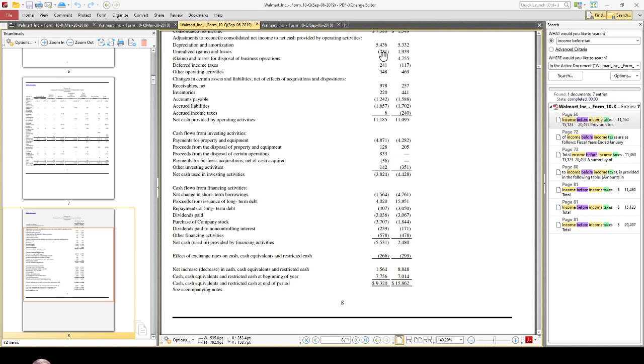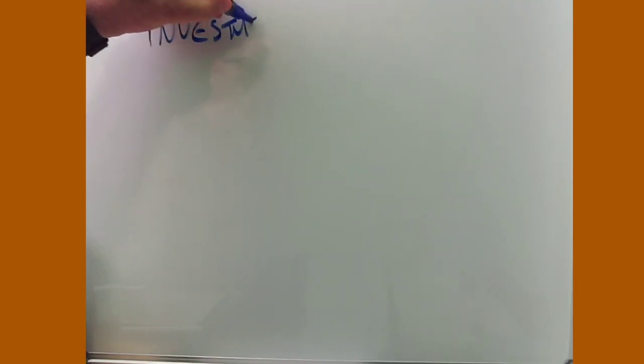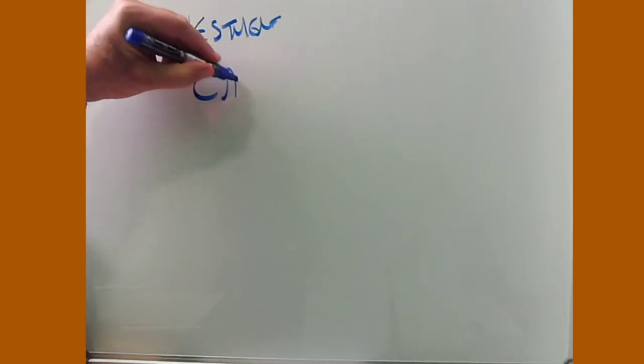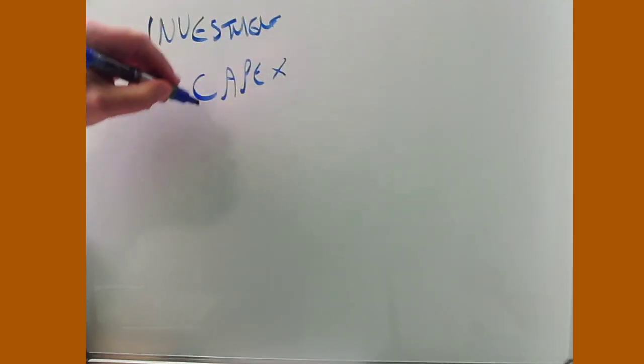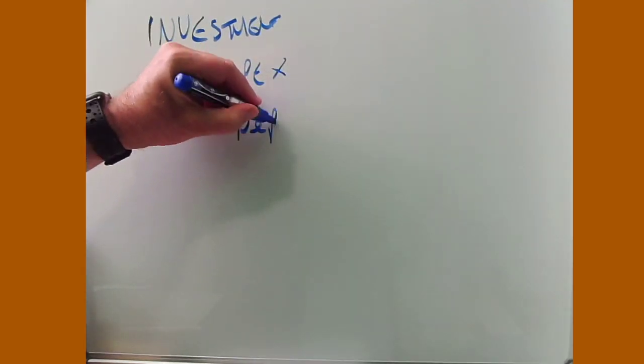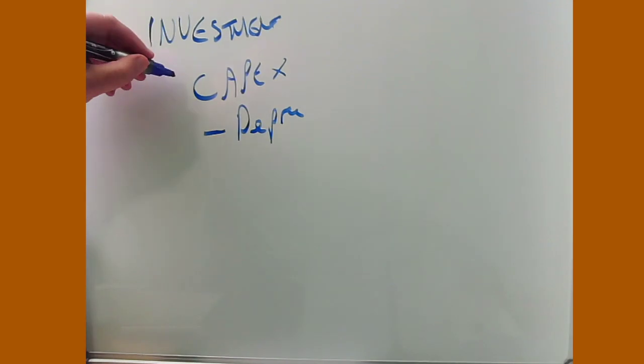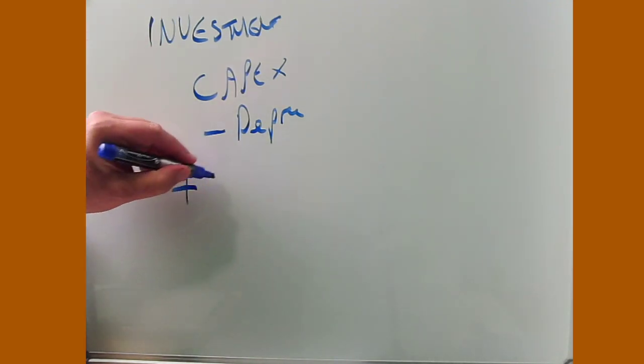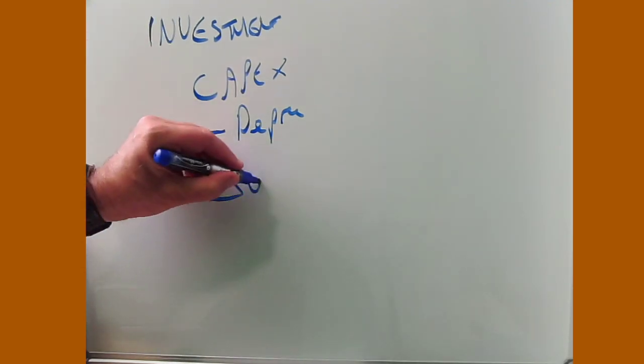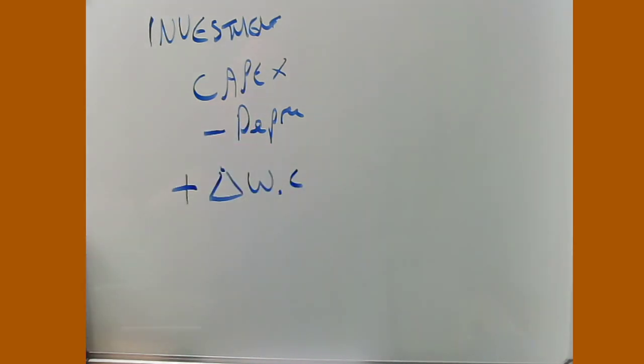So, you'll notice, let me use my new technology. You've probably noticed that he always says that investment, hopefully he's done this with you, investment equals capex minus depreciation, plus the change in working capital.